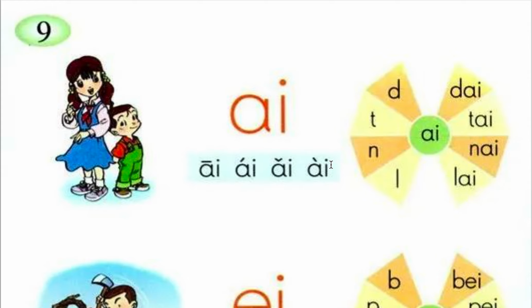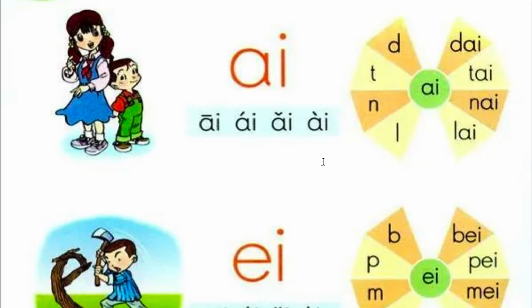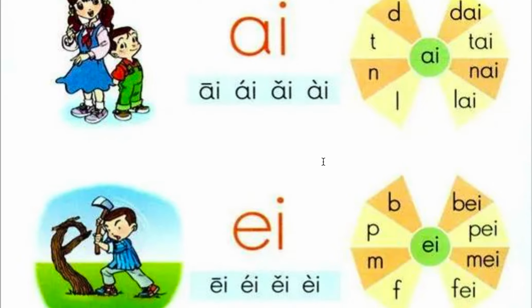So, four tones would be dai, dai, dai, dai, tai, tai, tai, tai, nai, nai, nai, nai, lai, lai, lai, lai. Read these after me. You can pause the video. And let's go to next.